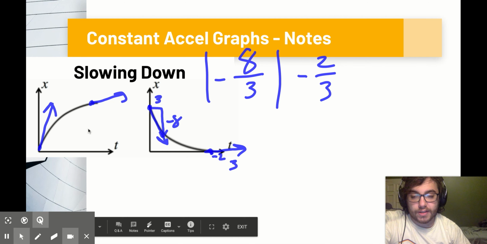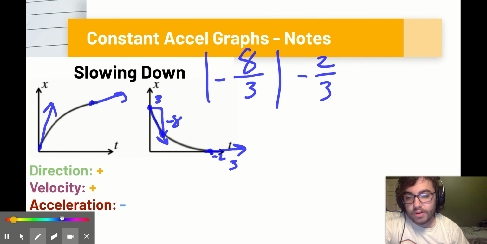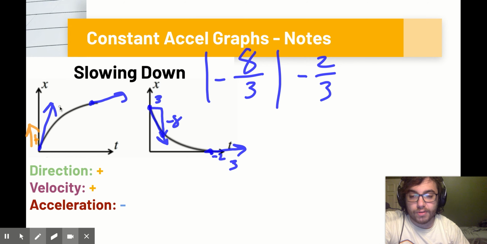The one trick is understanding that direction, like I was saying earlier, tells us that anything moving away is a positive direction. The velocity is positive because they're moving up. We're moving away from the origin, away from this line. Whereas the acceleration is negative because it is causing the velocity to go down over time.